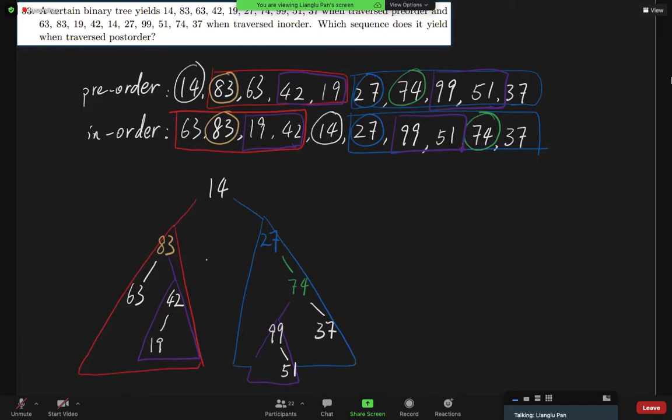Now that we have the tree here, the question asks about the post-order traversal sequence. I will just give you maybe 30 seconds for you to quickly find out the post-order traversal sequence. And at the same time, I will also work it out on my screen, and you can have a check if you want.